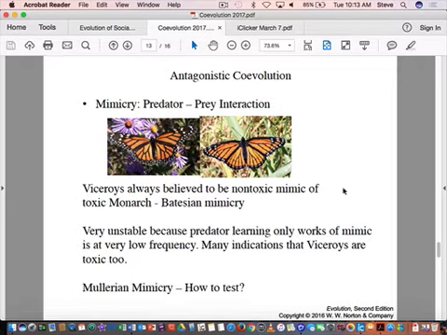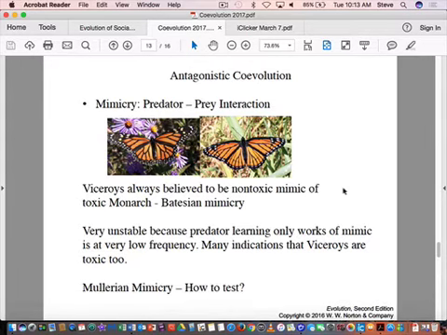And the viceroy has the bright coloration, but it's edible under this model. What if there were a bunch of these? Let's say 95% of the individuals in a population were viceroys and only 5% were monarchs.